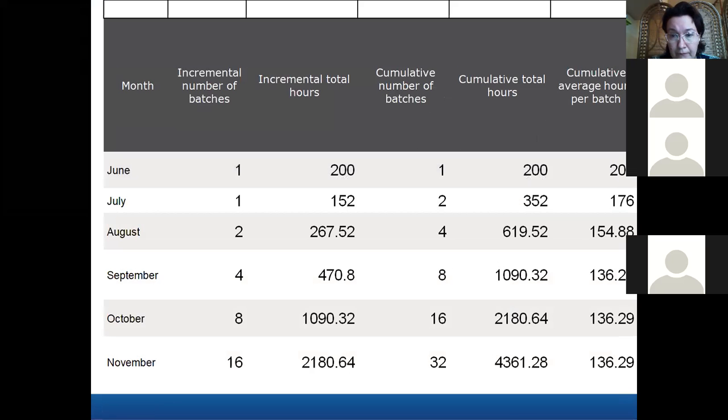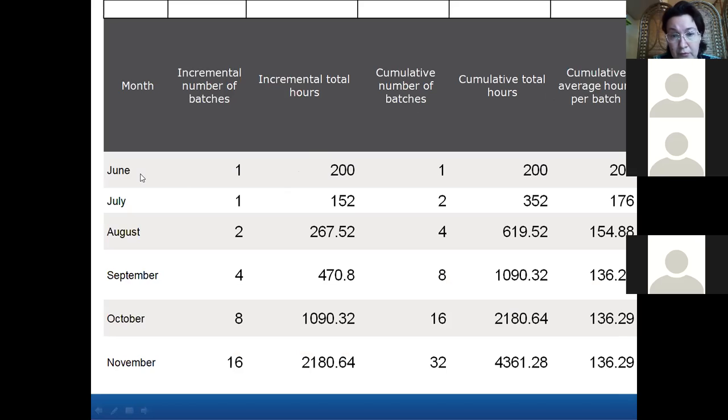On my next slide, you can see in the first three columns the same information. And then our fourth column demonstrates the number of batches as a cumulative number. So what is a cumulative number? It means that it is the sum.